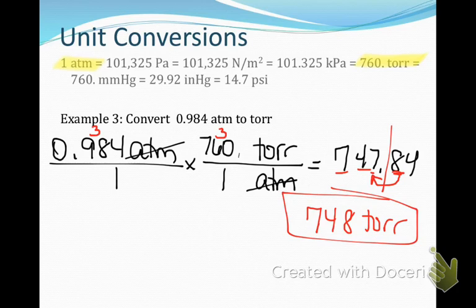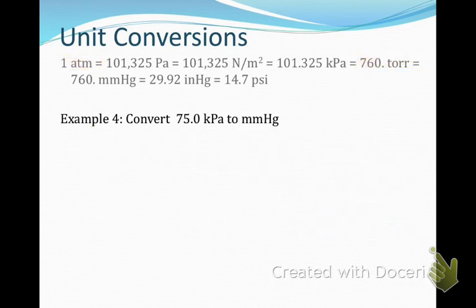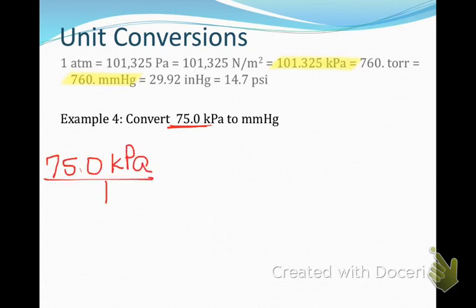And then the last little example that we'll do here together is figuring out if we have 75.0 kPa into millimeters of mercury. So I have kPa here, I have millimeters of mercury there. I'm going to use the number that they give us first, 75.0 kPa over 1. And I want to get to millimeters of mercury, so that's the unit I want.